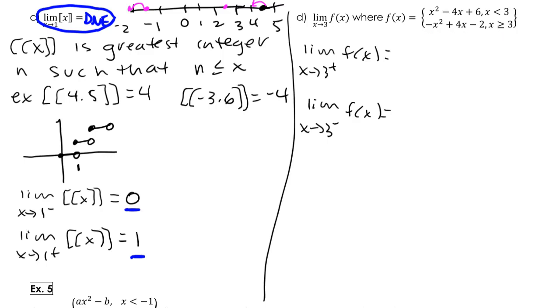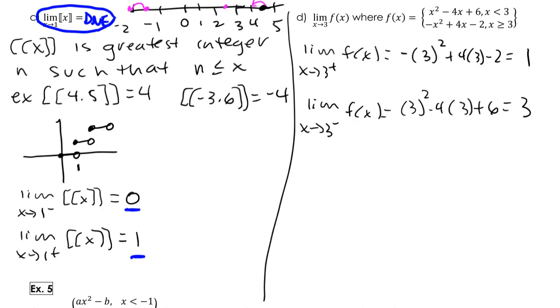If I sub numbers in, I'm going to get -3 squared plus 4 times 3 minus 2, which is going to give me, is that a 1? And then 3 from the left, numbers less than 3, so I'm using this top piece, and I'm going to sub 3 in, and I'm going to get 3 squared minus 4 times 3 plus 6, which is 3.